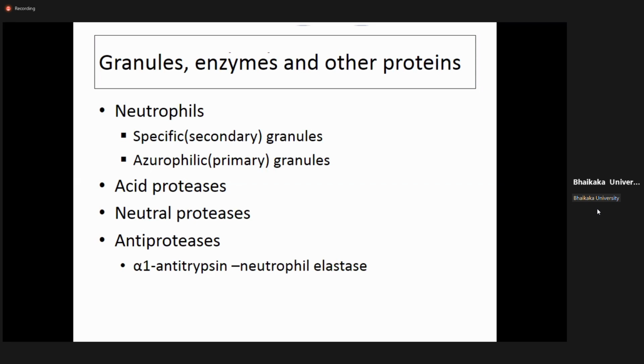Important of these are acid proteases, neutral proteases, and again to check the excessive action of these enzymes, there are anti-protease mechanisms present in the body in the form of alpha-1 antitrypsin, which will neutralize neutrophil elastase and will prevent further damage which is not required.